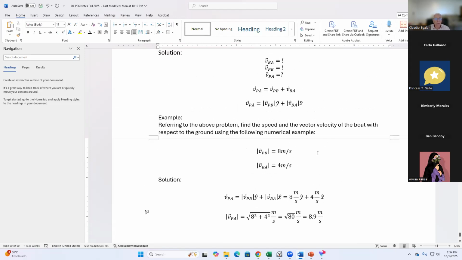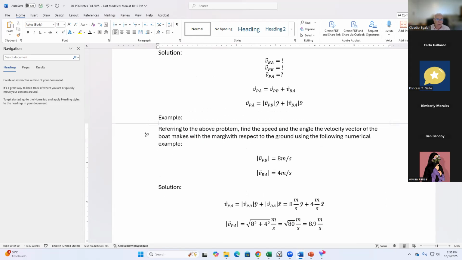With the ground, use the following example. And first of all, find the speed and the direction of the velocity vector. And the angle, right? The angle the velocity vector of the boat makes with the margin of the river.